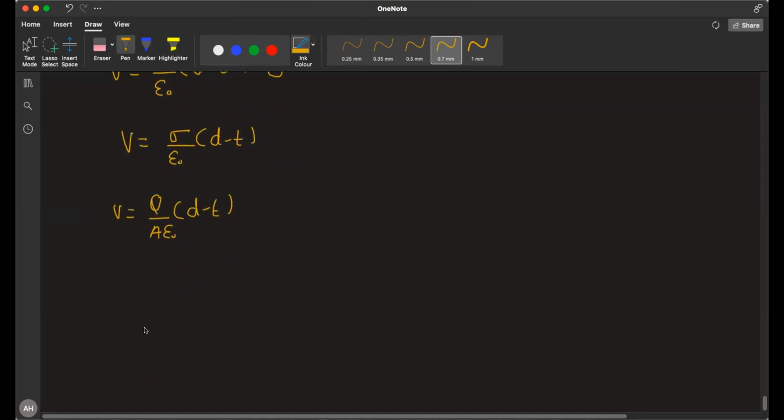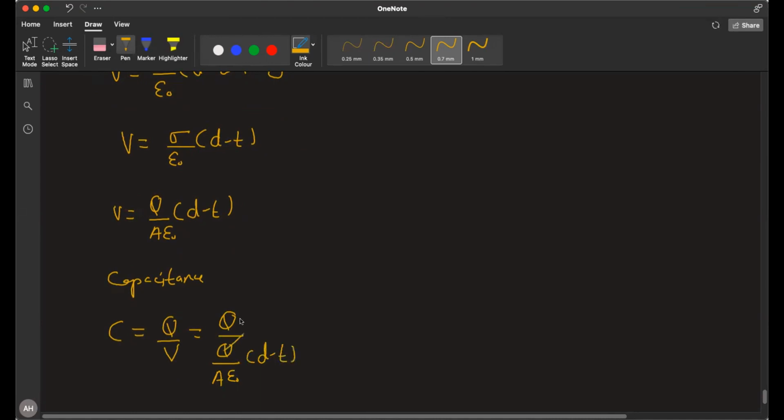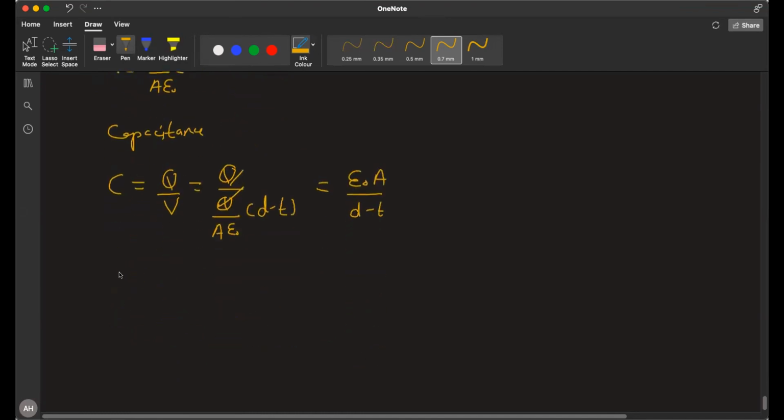So when you have potential difference, you can calculate capacitance. Capacitance C is just the ratio of charge and potential difference. So it's Q by Q by A epsilon naught into d minus t. This Q will cancel the Q and you will be left with epsilon naught A by d minus t. So this is the capacitance.